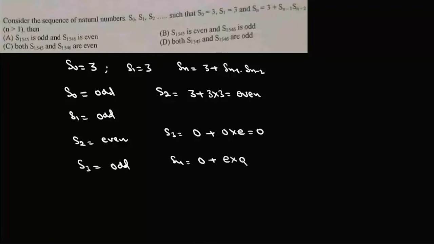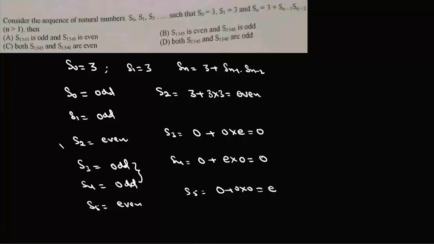Now S4 will be 3, which is odd, plus S2 into S3. So this is even into odd, which again is even, and plus odd, so this again is odd. So S4 will be odd. Now S5 will be odd plus odd into odd, and it will be even. So we get even if and only if the previous two terms are odd.